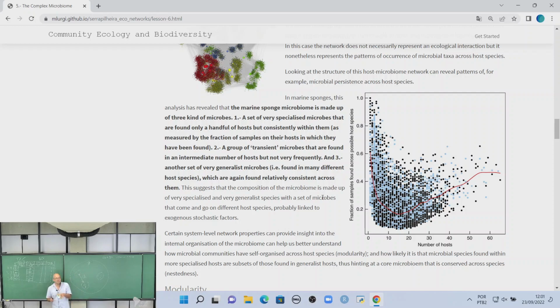And then you have a set of microbes that are sort of moving around in different places. And we still don't know why this is. There are different hypotheses about what more opportunistic microbes do in the microbiome. But it's one of the things that you can learn from this type of analysis.